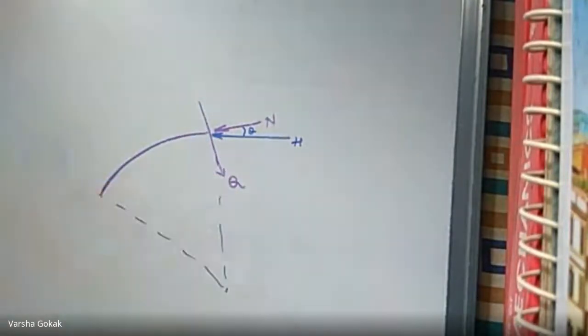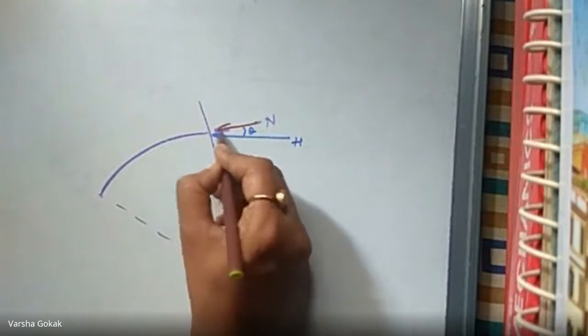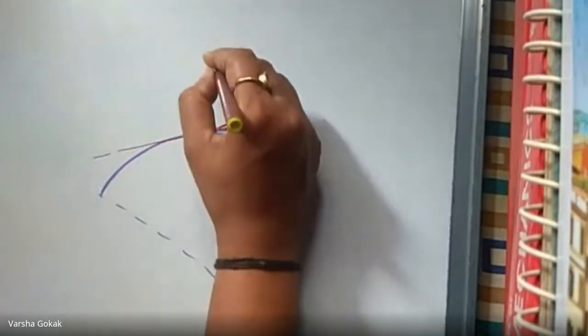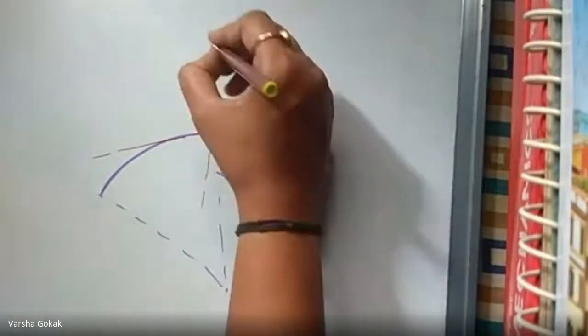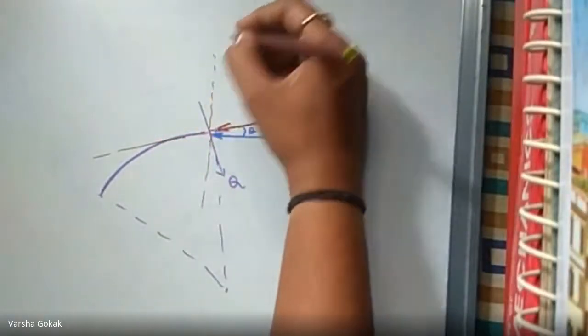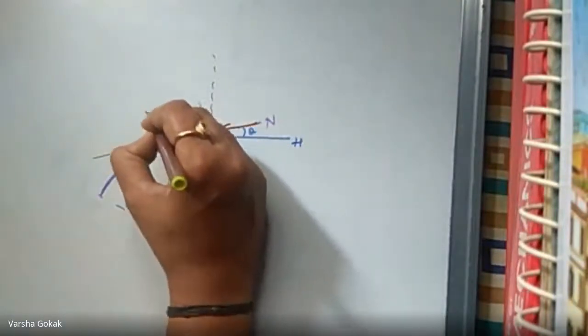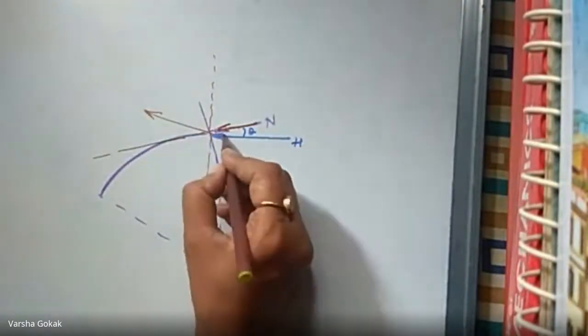So if I assume this N, because it is the normal, extended line, this is horizontal, so I can have a perpendicular to this also, vertical like this. So this is going to be your vertical axis. If I extend H, it goes in this quadrant because of the sign convention.